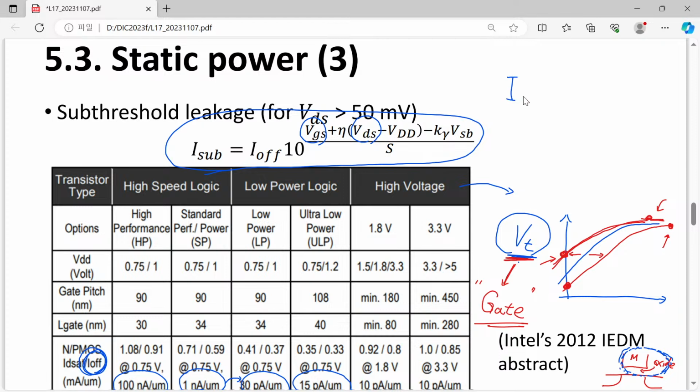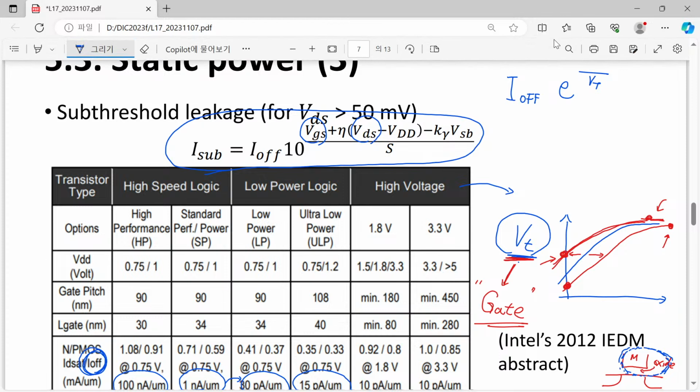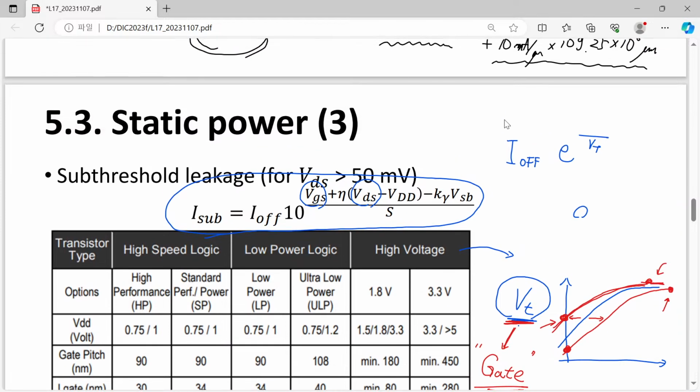It is given by I0 times exponential of (VGS minus Vt) over something. This can be written in this way by introducing the subthreshold slope S, so they are identical.